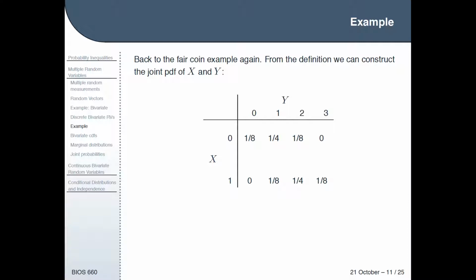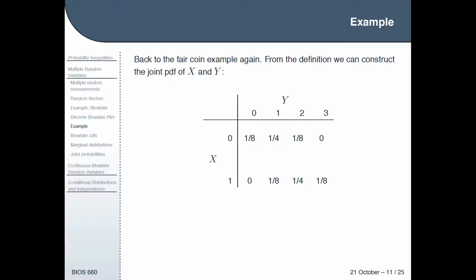Similarly, if we want to find the marginal PMF for y, then we would sum columns. The probability y equals 0 is 1/8. Probability that y equals 1 is 1/4 plus 1/8, which is 3/8.